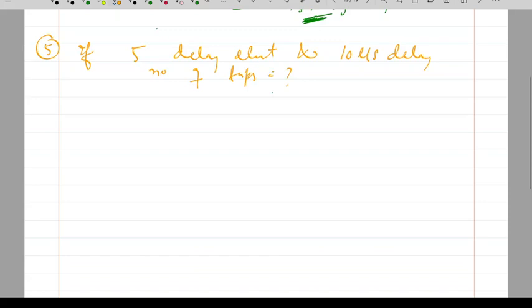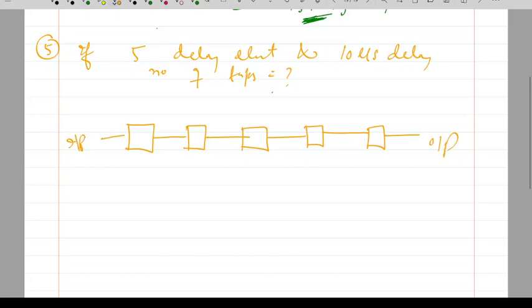So diagrammatically, here in the equalizer, these are the delay elements, and this is input, this is output. Each has a 10 microsecond delay.